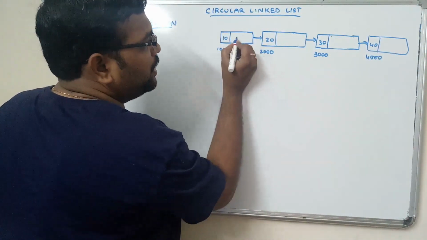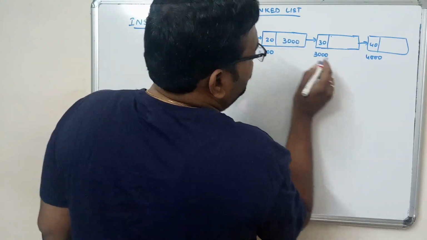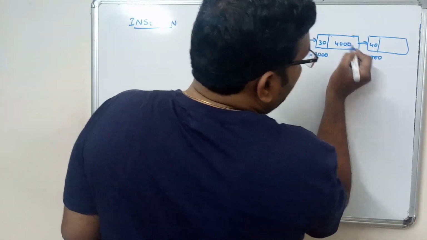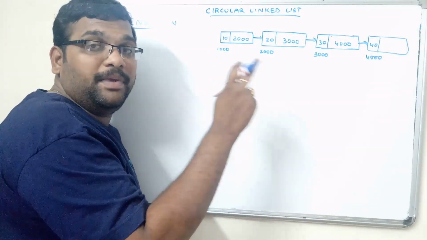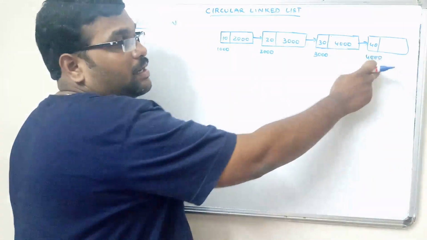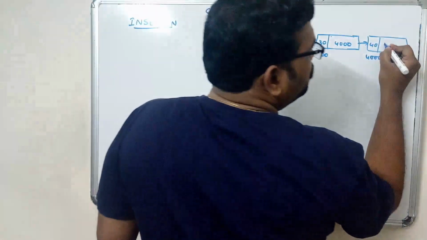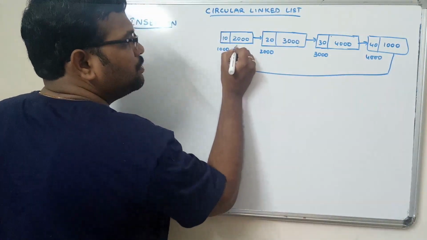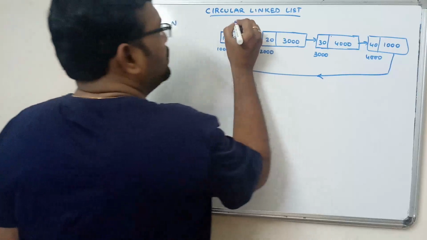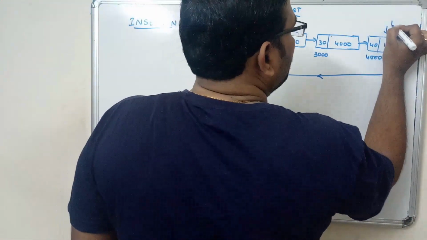Here it will store the address of the next one, that is 2000. It will store the address of the next one, that is 3000. It will store the address of the next one, 4000. Here 40 is the last element, so according to the definition, the last node of the circular linked list holds the address of the first element. The first element address is 1000, so here it will be 1000, so that there will be a link from this to this one. Yes, this one is the head and this one will be the tail.